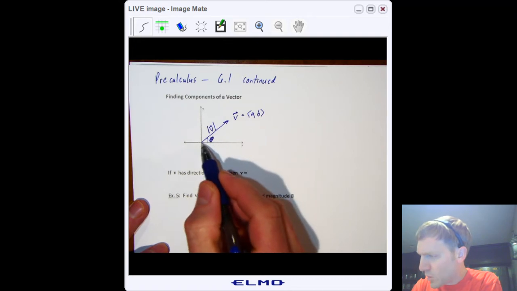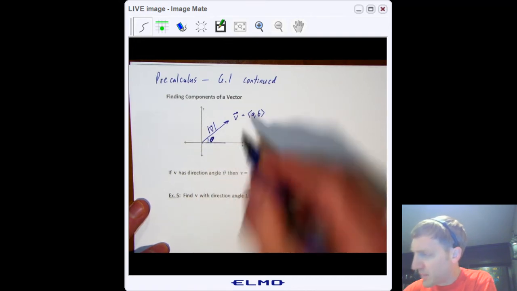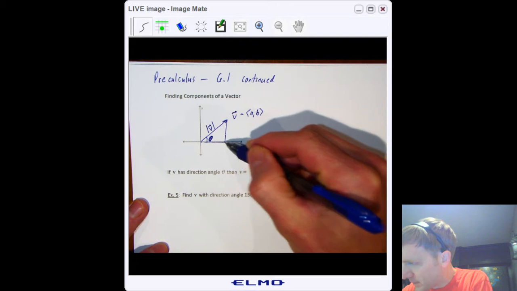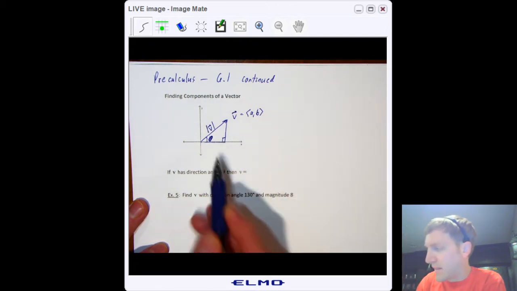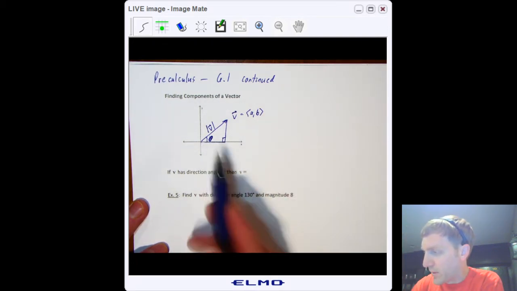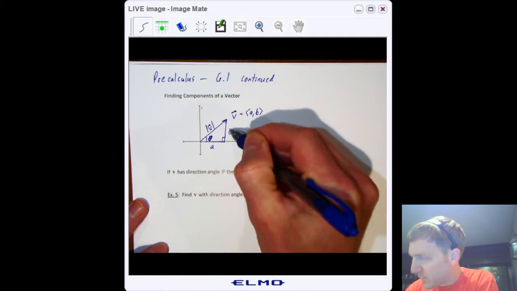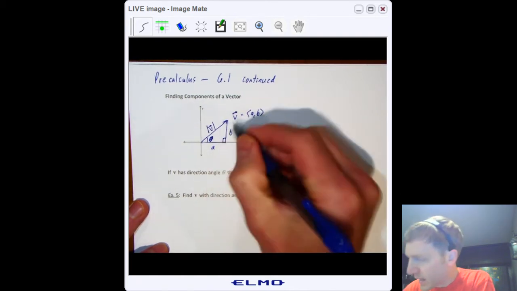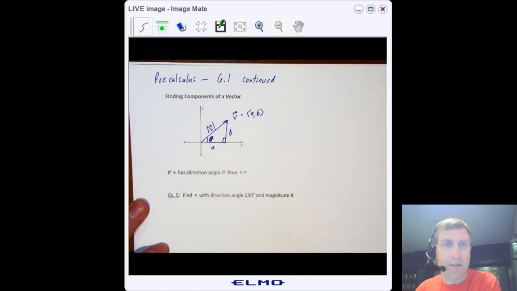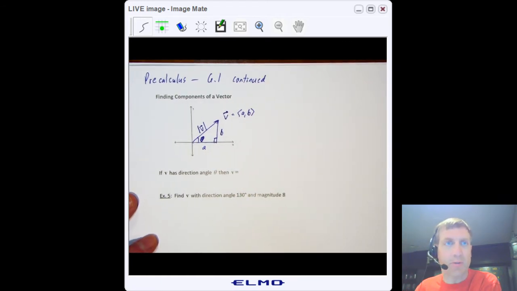Well, what you're really doing is making a right triangle, aren't you? If I were to draw a right triangle, this is the horizontal component, so this is A, and this is the vertical component, so this is B. This is where the trigonometry comes into play. We're just going to use the right triangle trig that you have already done before.